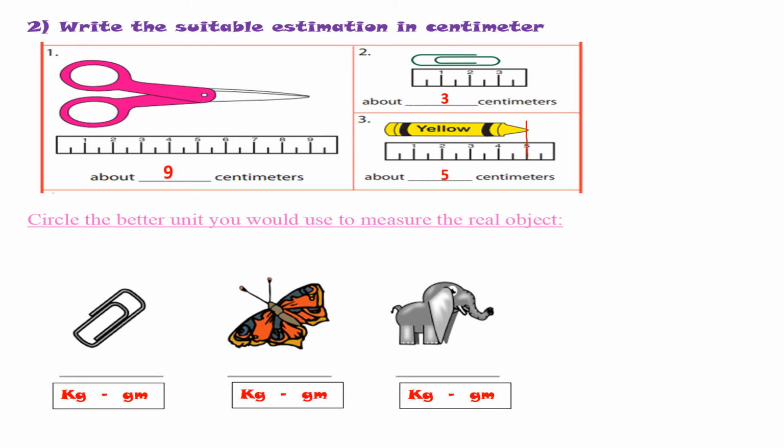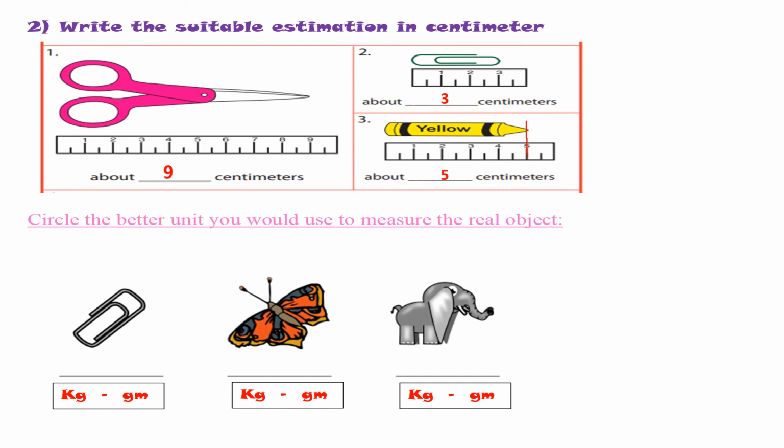Okay, the next example. We have to circle the better unit you would use to measure the weight of each object. These paper clips are very small. Can I use kilogram or gram?